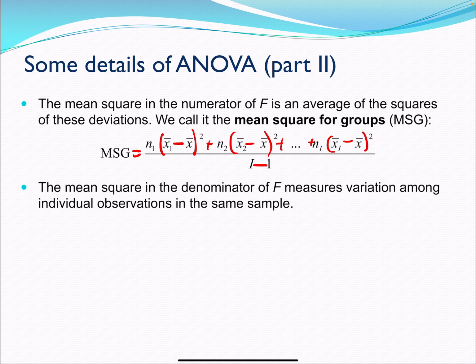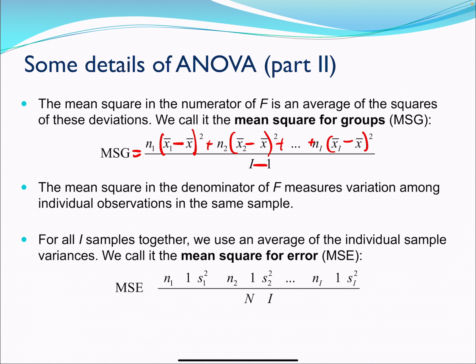The mean square of the denominator of F measures variation among the individual observations in the same sample, right? So for all I samples together, we use an average of our individual sample variances, and we call it the mean square error. So I'm going to take n1 minus 1 times the standard deviation for that sample squared, and add that to the same part for our second sample, all the way through to our ith sample, where our MSE is over N minus I, the total number of observations minus the number of populations we're looking at.